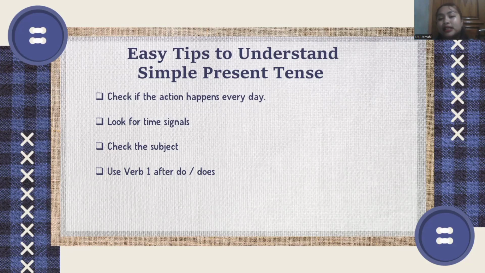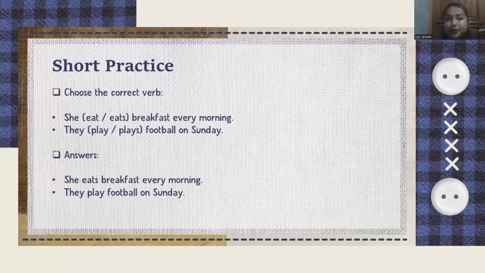This practice helps students feel confident and active in learning. Okay, this is the short practice: choose the correct verb. She eat or eats breakfast every morning. They plays or play football on Sunday.